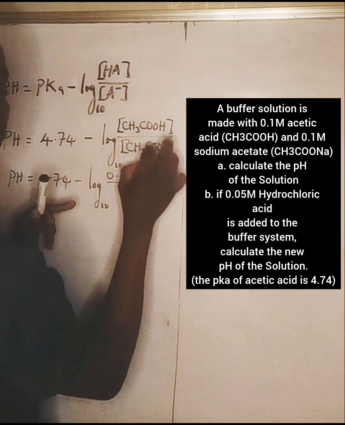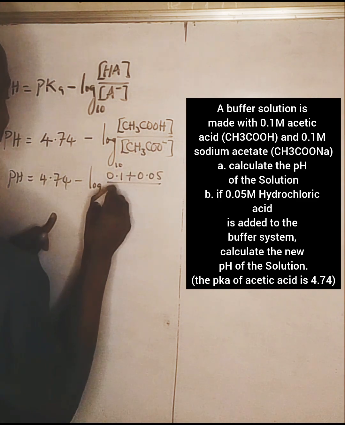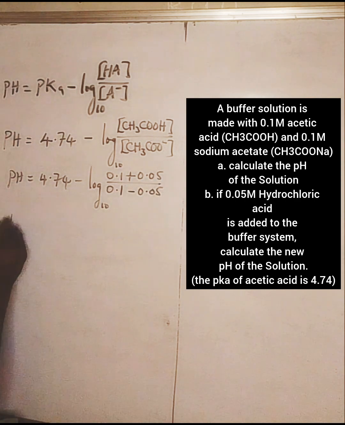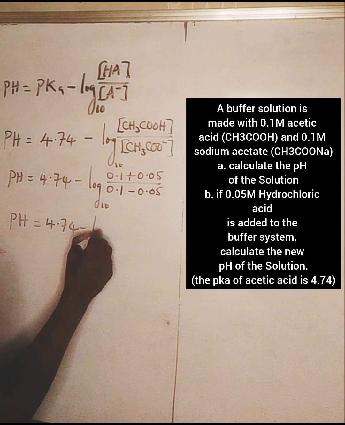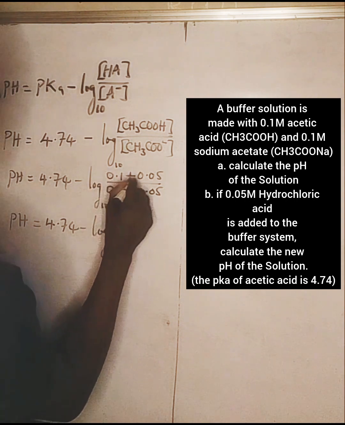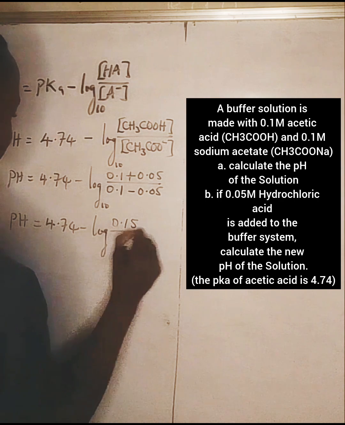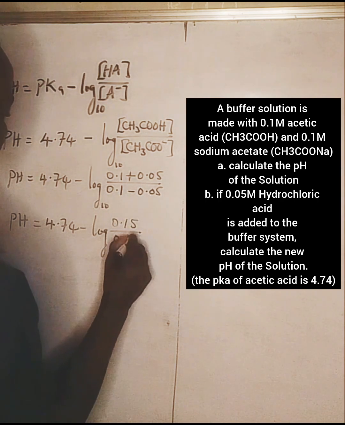So 0.05 of this will be removed from the original concentration, 0.1 minus 0.05. At the end of the day, this is what we have: 4.74 minus log. 0.1 plus 0.05 is 0.15. 0.1 minus 0.05 is 0.05.